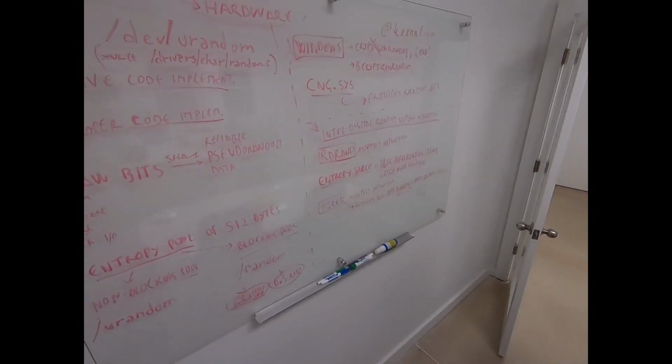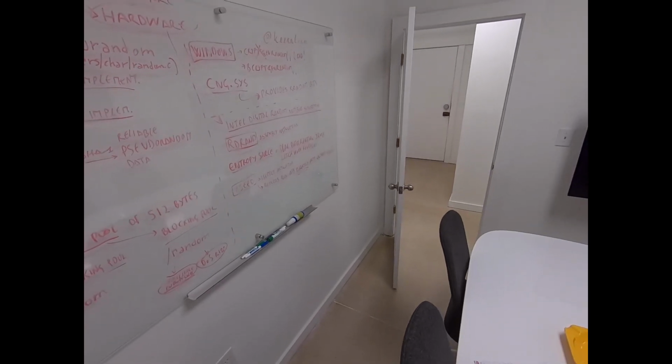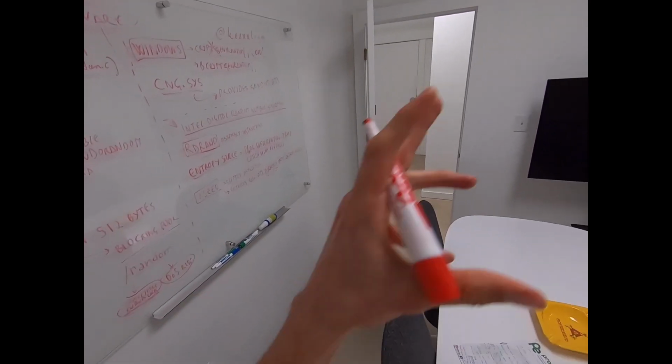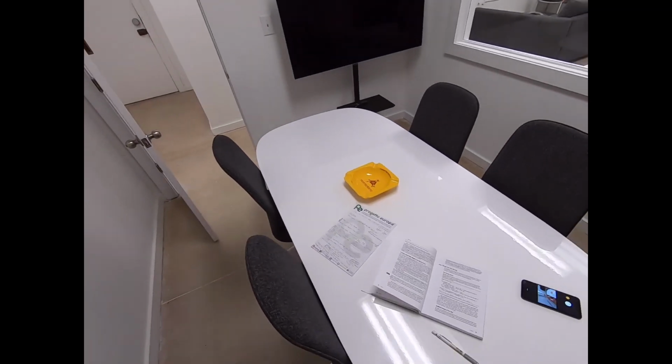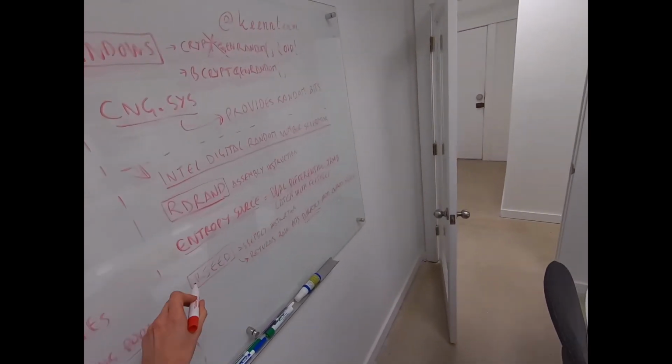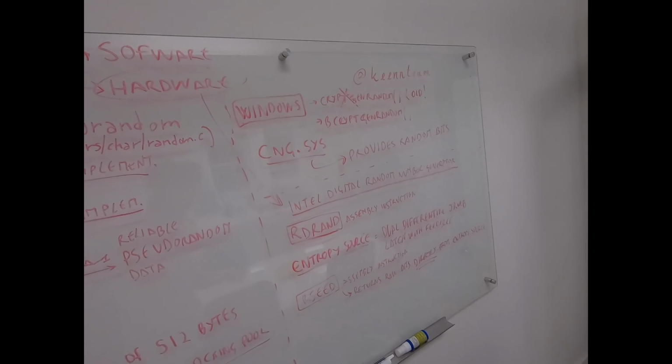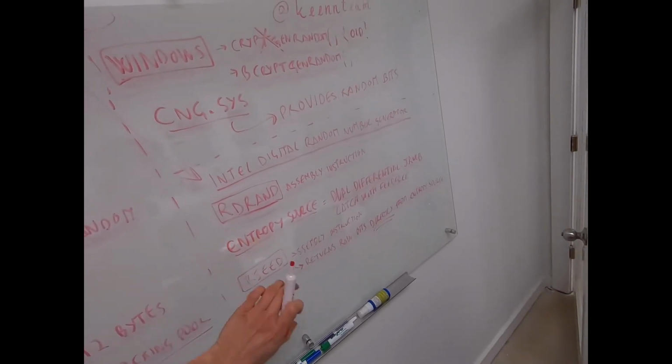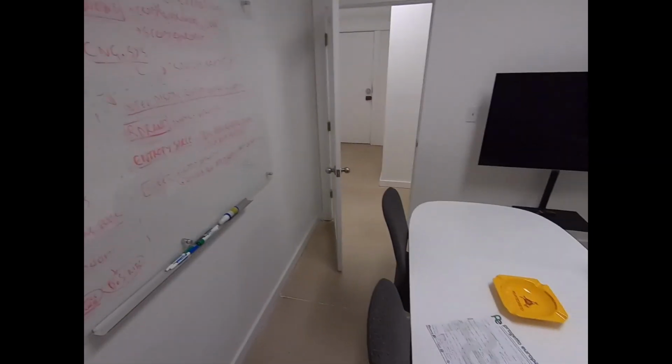So this is useful if you have your own cryptographic function implementation and you want to seed other pseudo-random number generators yourself, then you're going to use RDSEED. Perfect. Now we know this.